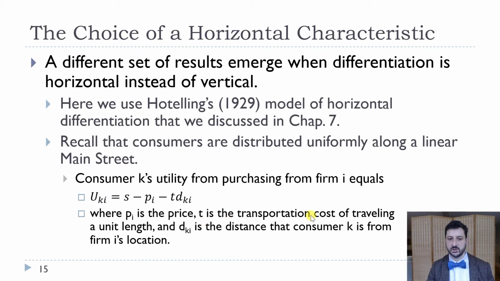So T is the transportation cost, and D is the distance that you have to go to the store. And so this could be a literal distance of actually going to the store, or it could be a figurative distance of, all right, well, that's not exactly the type of product I wanted, but it's close. And so how much do I have to sort of pay for that?